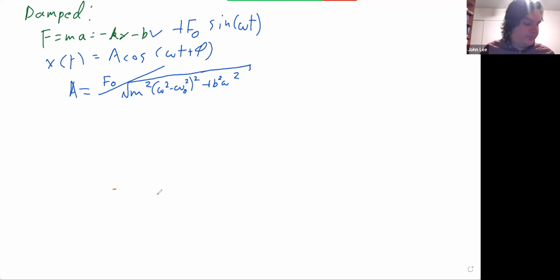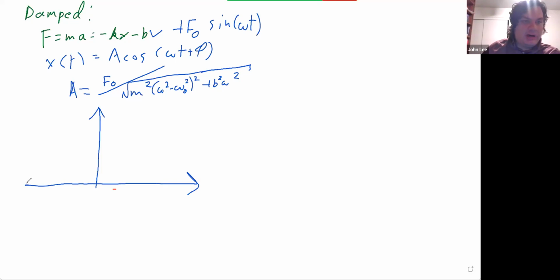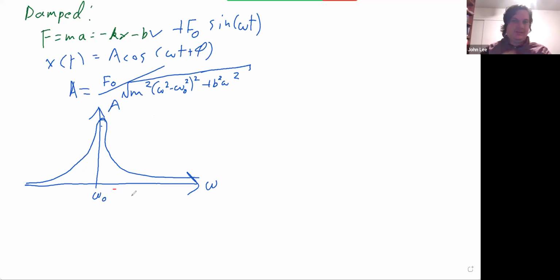Let's just do the amplitude like this. The amplitude is going to look something like this versus omega, where this is the natural frequency omega naught, equal to the square root of k over m.